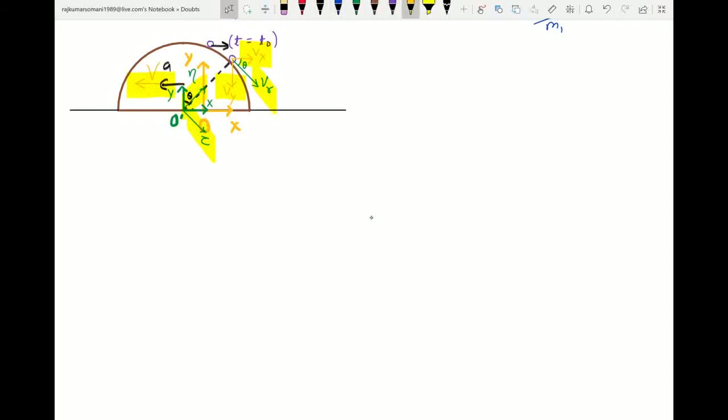Let us find out the vertical height traveled by the particle from 0 to t naught time. Initially the particle was at a height r, and after some time the particle is at r cos theta, we know. So the change in potential energy is equal to mg times r minus r cos theta.